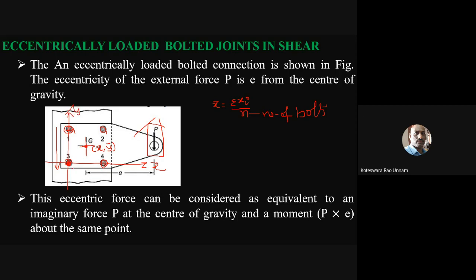Now the first bolt is this one. What is its x coordinate from this point? If I measure in the x direction, what is its distance? For this bolt, which is on the y-axis, x1 is 0. If they give the distance between the bolts in the problem, let us say this is 100.